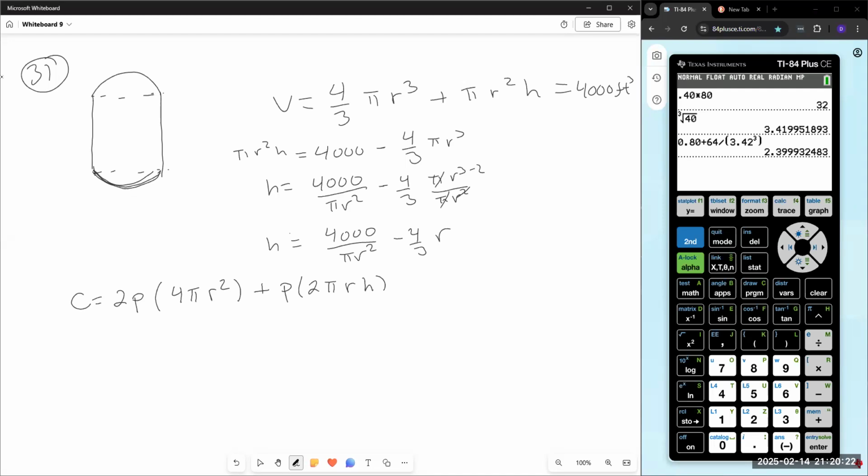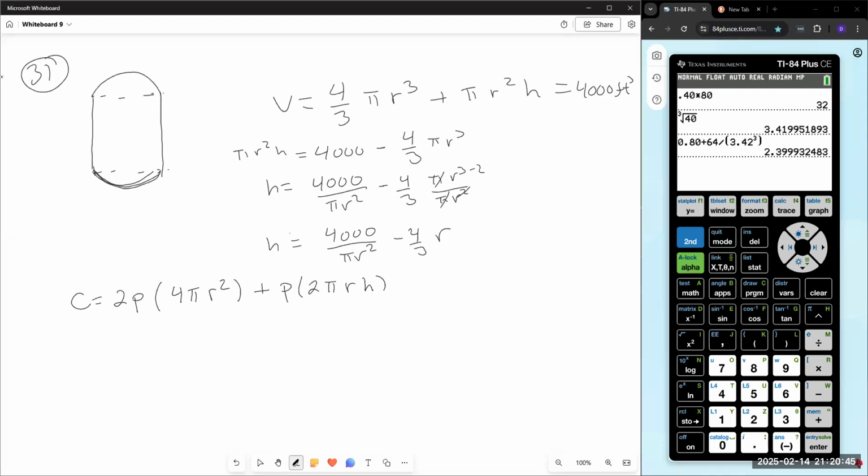Surface area is the derivative here for this piece. So multiply by 3, drop the exponent by 1. That will be the surface area. Over here, it's the derivative with respect to r as well, 2 pi r h.